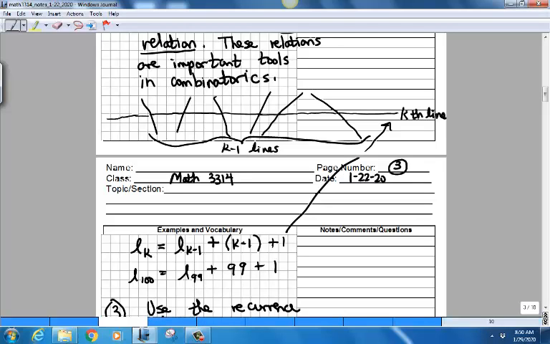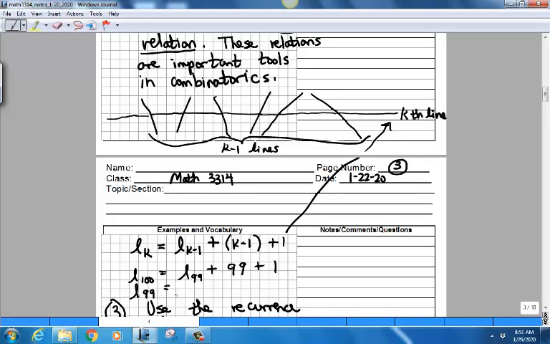Unfortunately, that's about as far as I can get, because I can't figure out exactly what this number is. What do I not know here? I don't know L99. So to compute L99, you have to step back and write the formula for L99. Now I need to know what this is, so I have to write down the formula for L99.